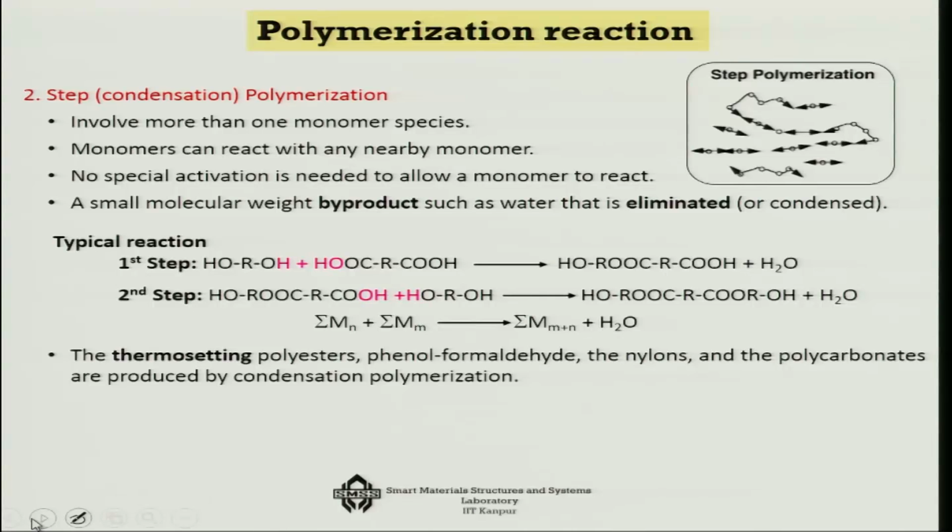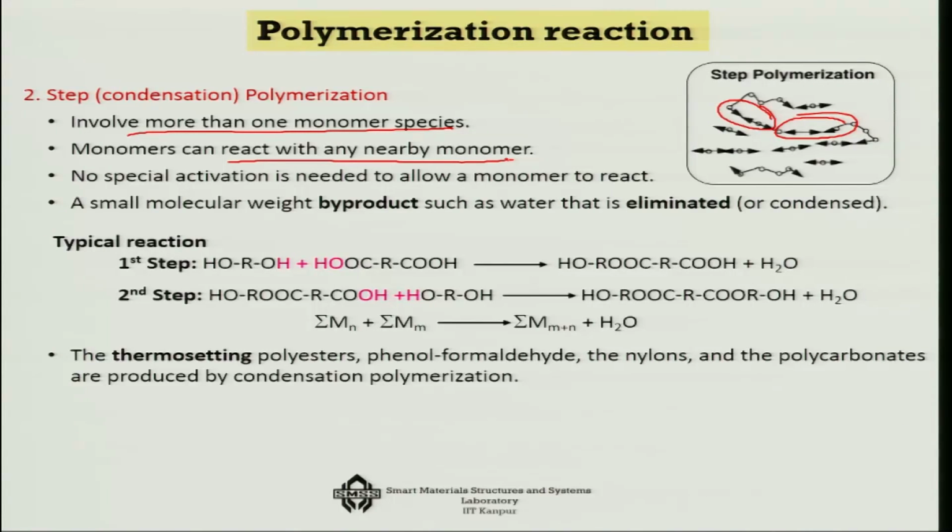Much unlike that, there is another type of polymerization where you don't have to really depend on one or two sites, but you can have simultaneous processes of polymerization in many places. Like everywhere this is happening, and it can involve more than one monomer species, and the monomers will react with any nearby monomer.